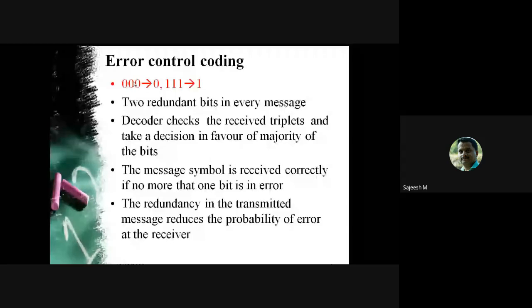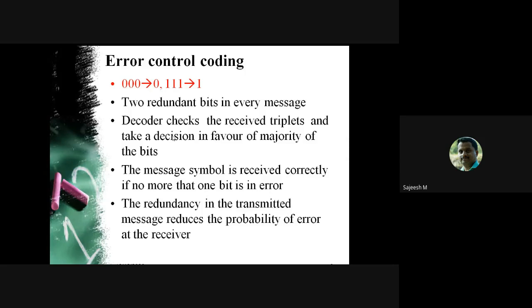If it is 1 0 0, the first bit is 1 and the next 2 bits are zeros, then also it takes a decision in favor of 0. The decoder checks the received triplets and takes a decision in favor of the majority of bits.